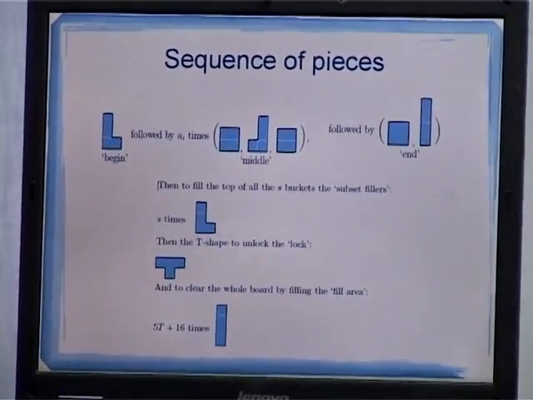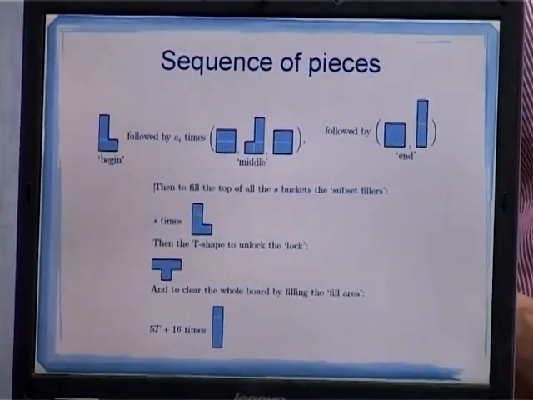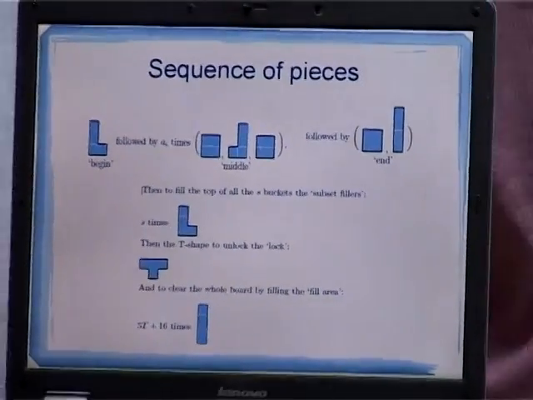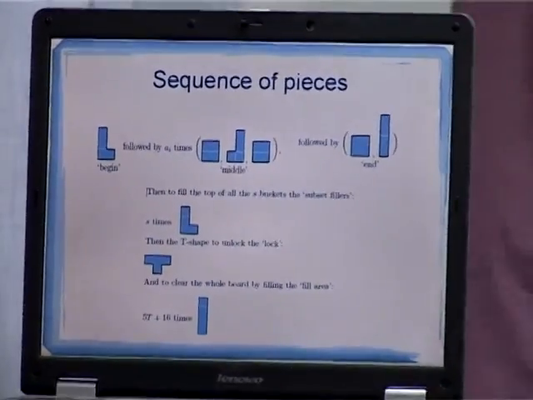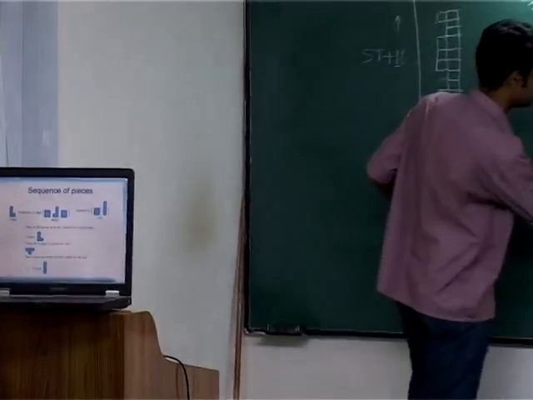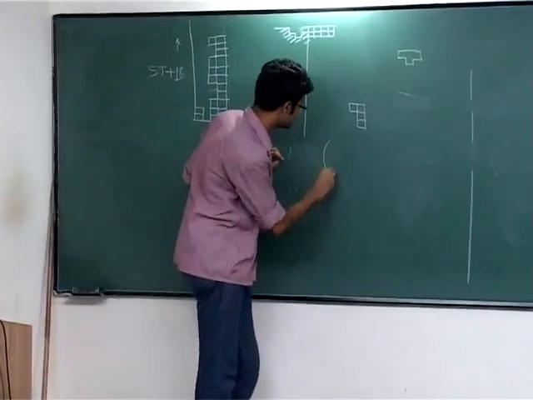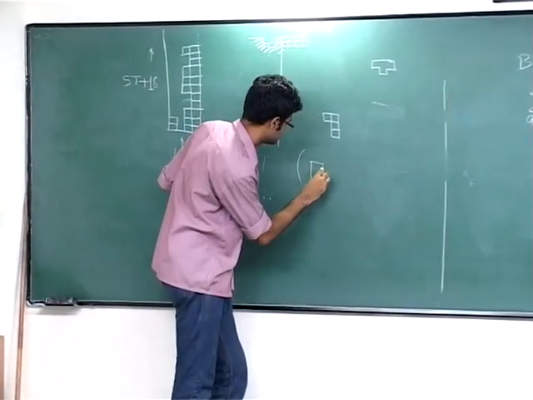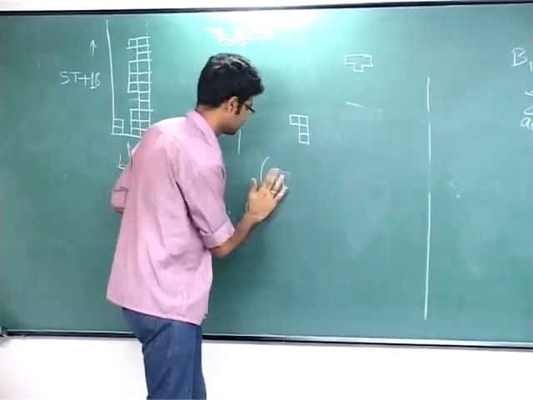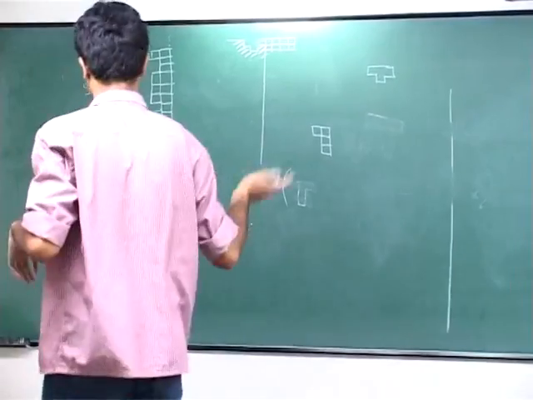First of all, to reduce my sequence A into a sequence of pieces, what we do is that for each Ai in A, I first give it this piece. Then I would repeat this sequence Ai times. Then this piece.